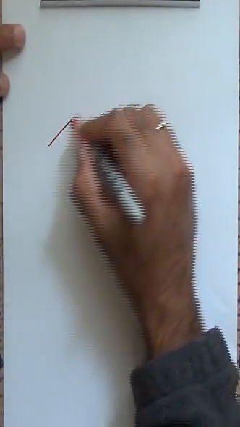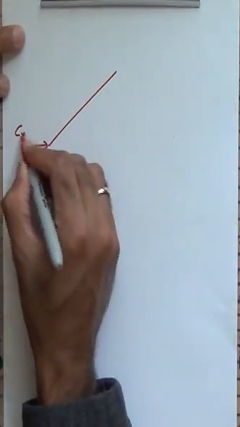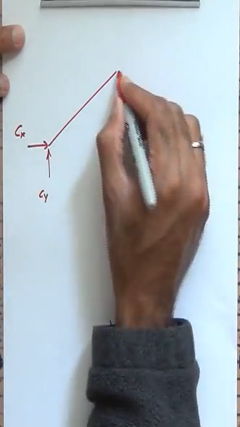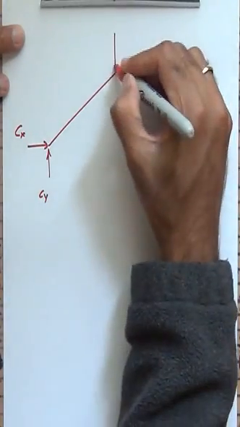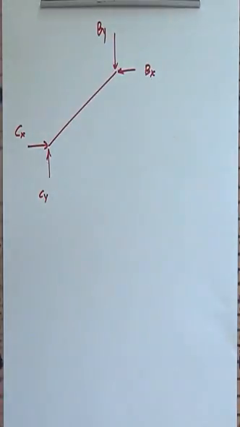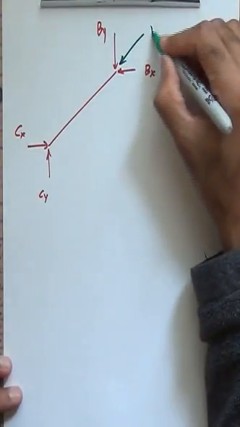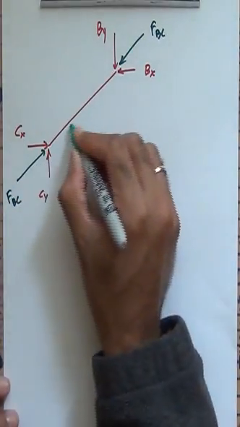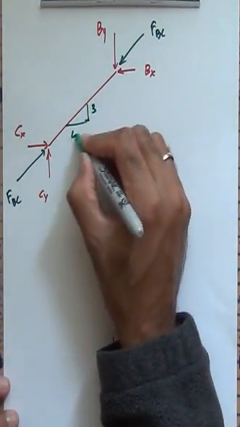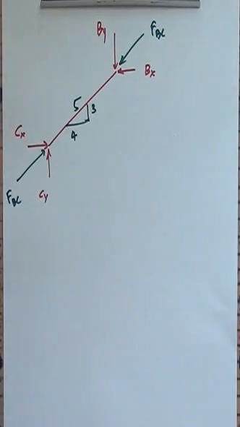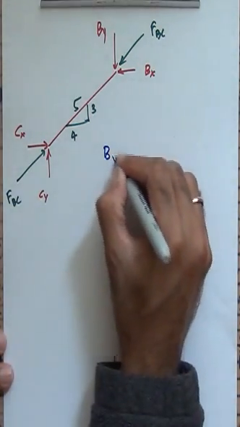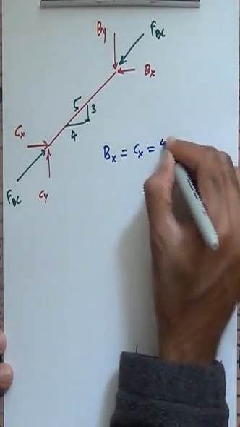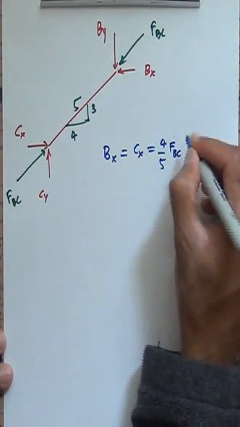If I look at the bar BC, CX, CY, BX, BY, the actual force on this bar is FBC. It was also FBC on this side. The slope triangle was 3, 4 and 5, and as a result BX, which was equal to CX, was 4 by 5 FBC.